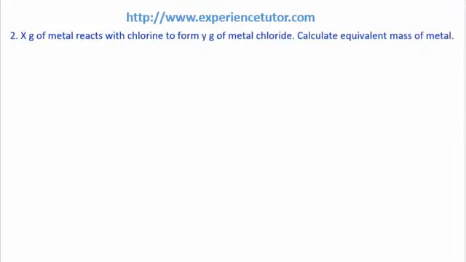Our next question is, x gram of metal reacts with chlorine to form y gram of metal chloride. Calculate equivalent mass of the metal. The mass of metal is equal to x gram, which is given.